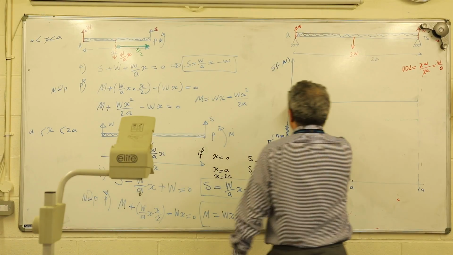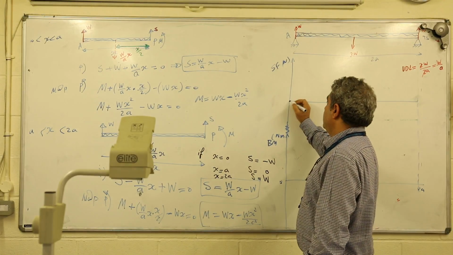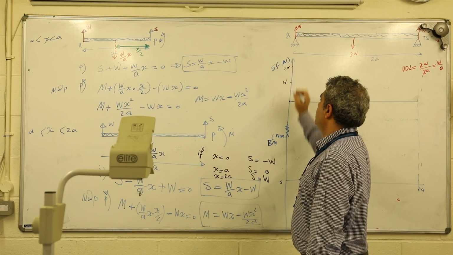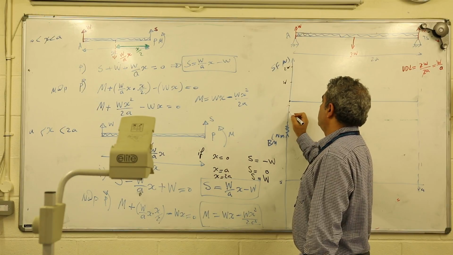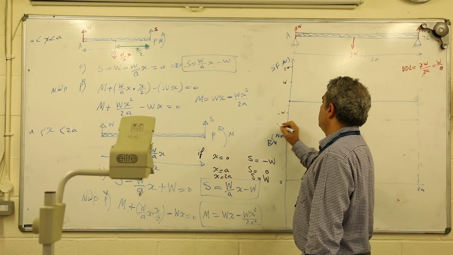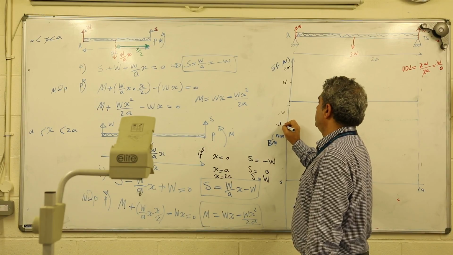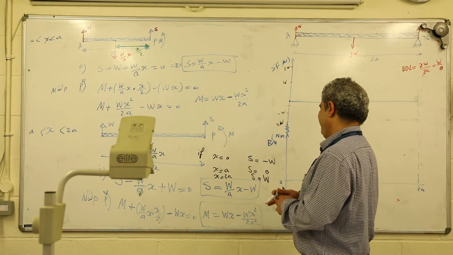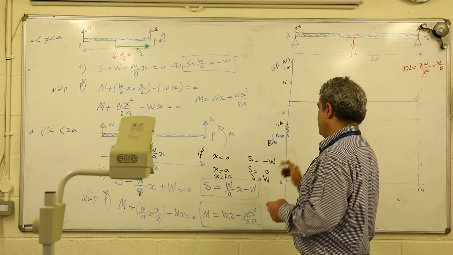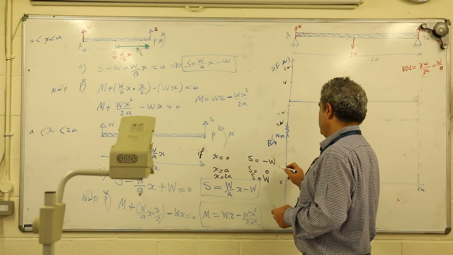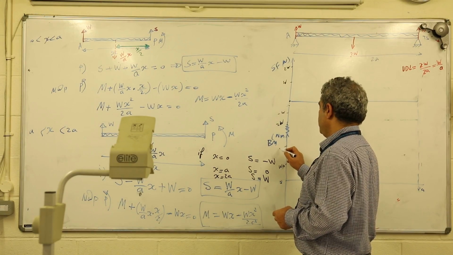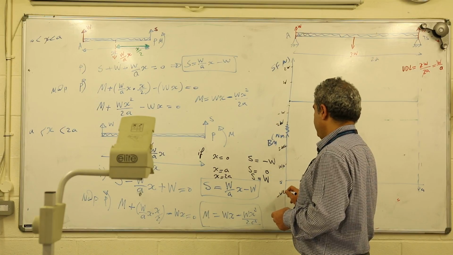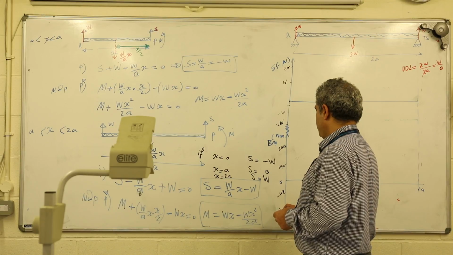So if the x is equal to 0, we get minus W, and at 2a, 2W minus W, which is W. That is, WA, 2WA minus WA, minus 2WA, yeah?